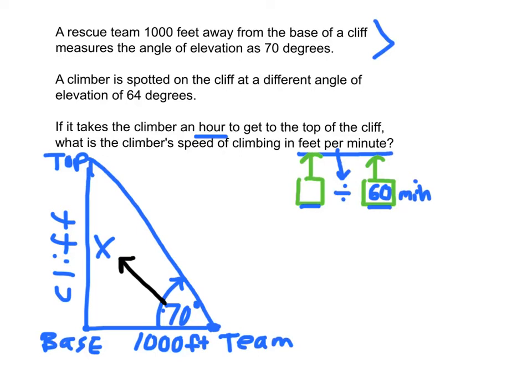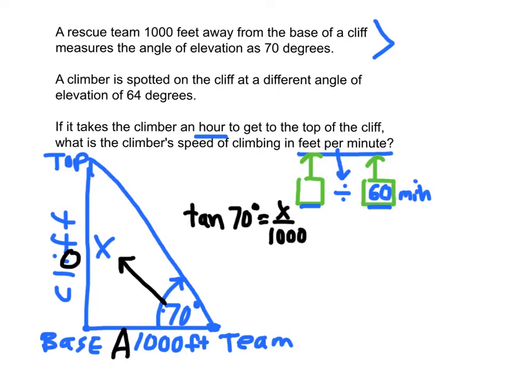The side that we are looking for is on the opposite side of the picture. So the opposite side is what we're looking for, and the adjacent side is the side that we're given. So we're going to use tangent to figure out x. So the tangent of 70 degrees is equal to the opposite side, x, over the adjacent side, 1,000.